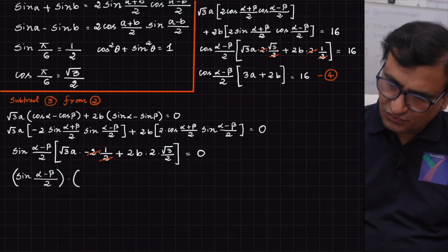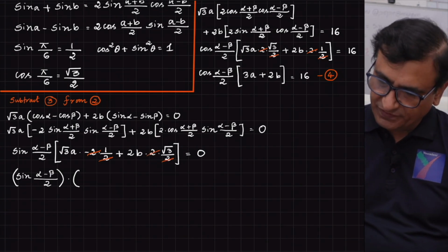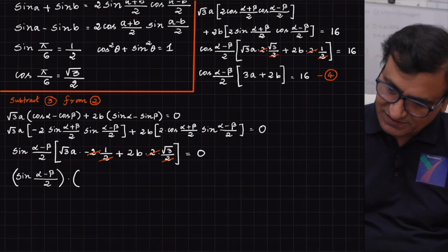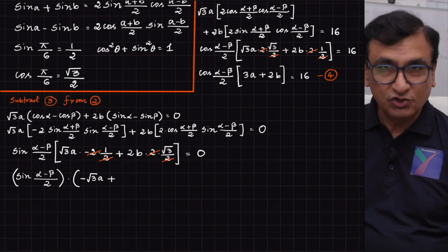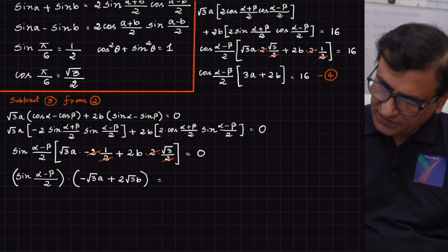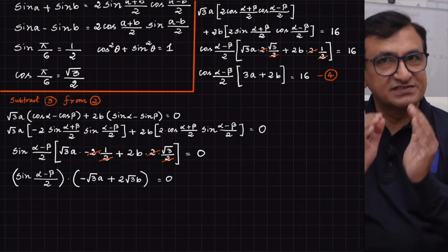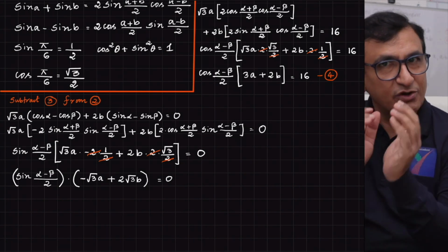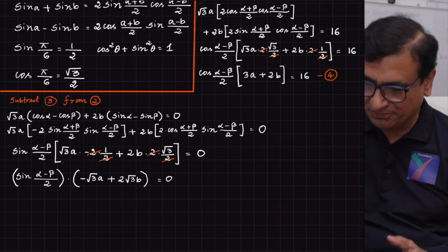This 2 gets cancelled. This 2 and this 2 will get cancelled. So we have minus square root of 3a plus 2 square root of 3b equals 0. Now we have two expressions: sine((alpha minus beta)/2), that's one expression, and minus square root of 3a plus 2 square root of 3b equals 0.